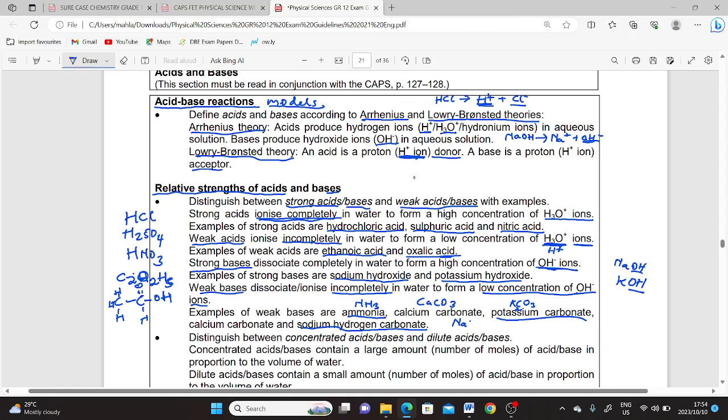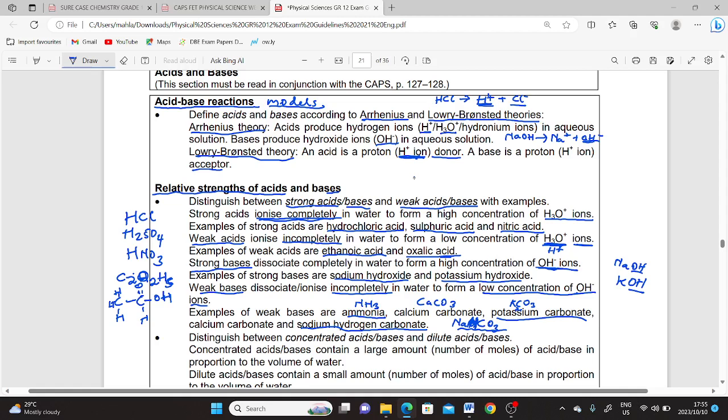So let's see what you can write: sodium hydrogen carbonate, like this. And we'll verify this one, sodium carbonate.